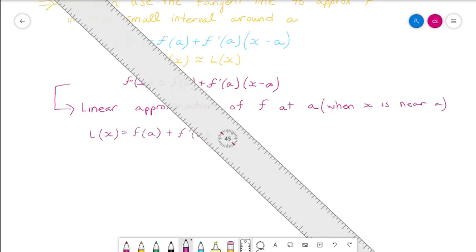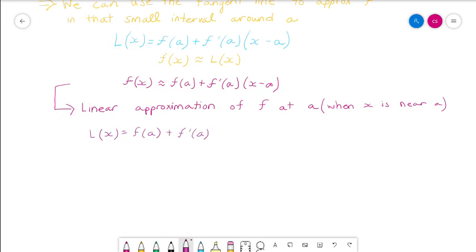So all of these different terminologies are saying the same thing.